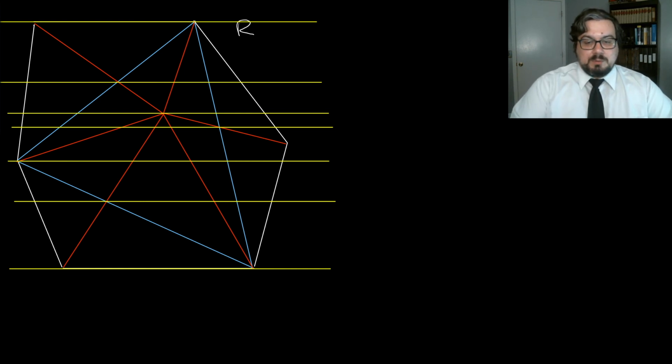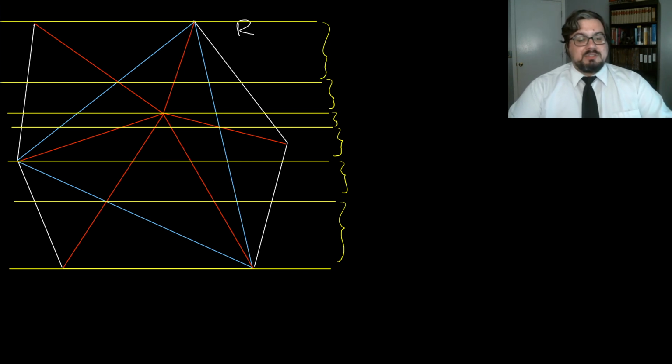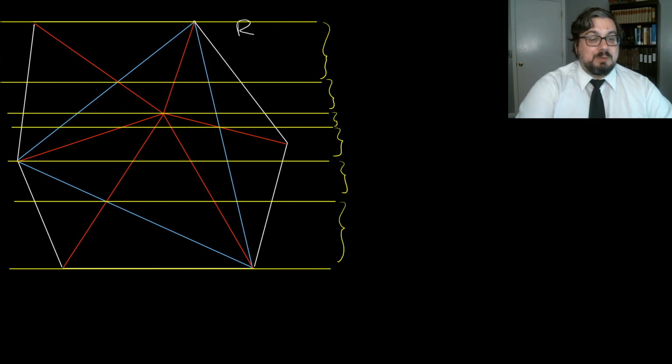And so we're going to throw a bunch of these in. Now, what happens is we're going to look at each one of these horizontal strips. And for each one of these strips, that's bounded on the left and the right by the sides of R, we're going to look at the region that's being given there. And for each one of these horizontal strips, we might have a triangularization already, and we might not.